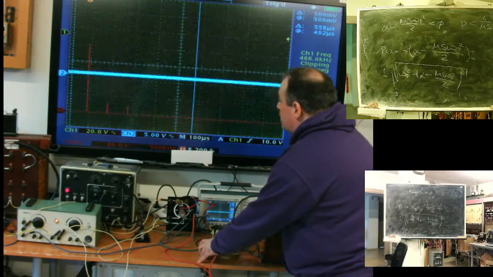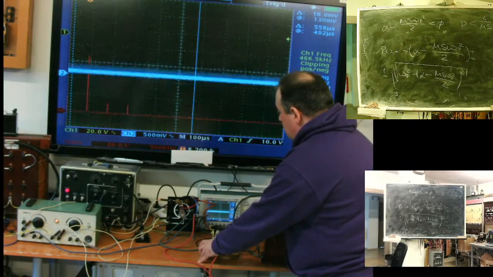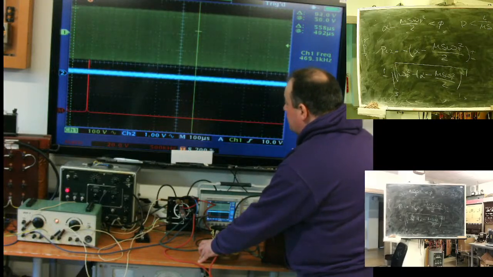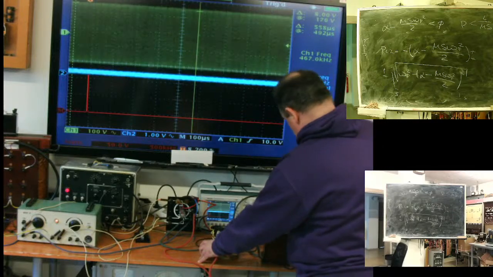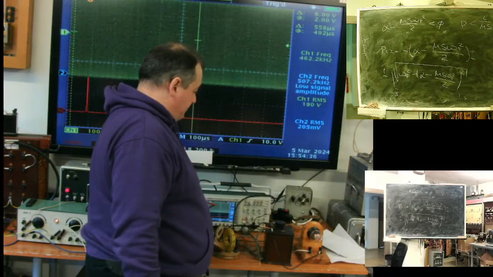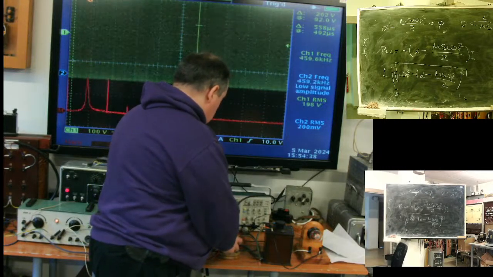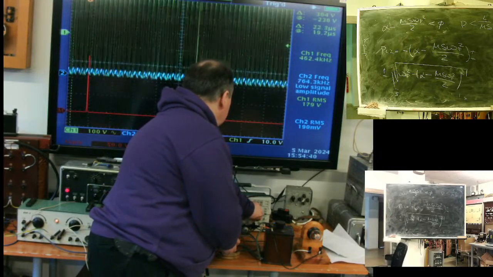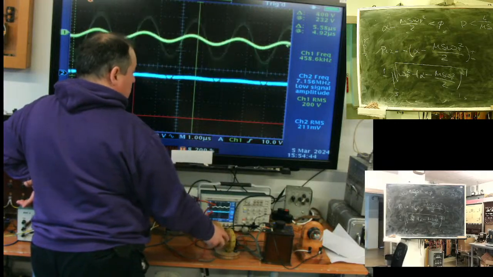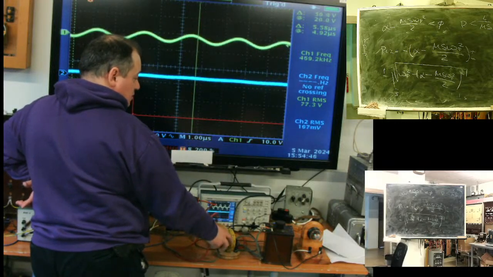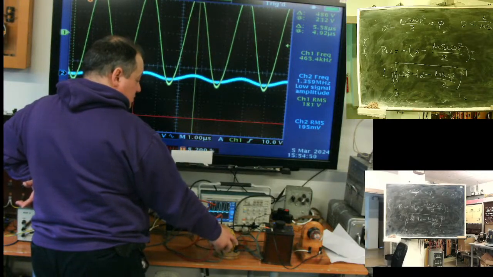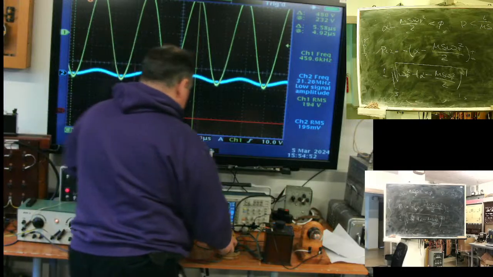The system is no longer stable. What happens? It oscillates freely. It became a generator. It can become a generator.